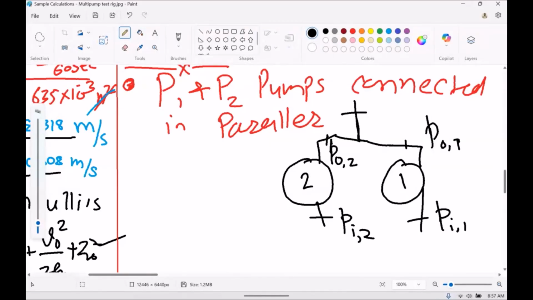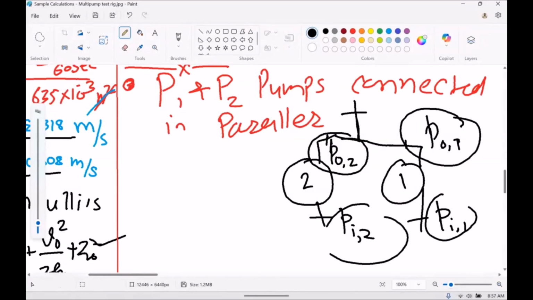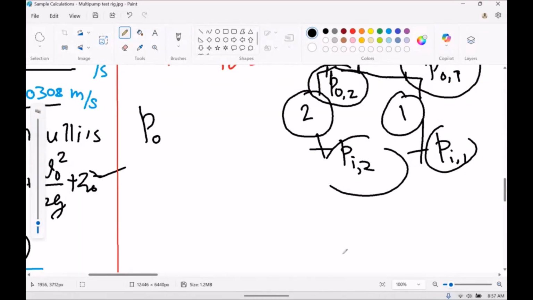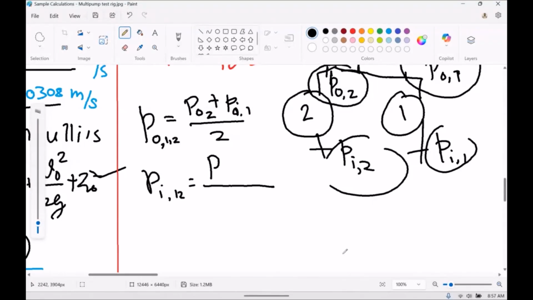So while applying Bernoulli's equation, we need to find the average of these two pressures and the average of these two pressures. So output pressure for pump 1 and 2: output pressure of pump 2 plus output pressure of pump 1, divided by 2. So this is called average pressure. And input pressure for 1 and 2: the input pressure for pump 2 plus input pressure for pump 1, by 2.